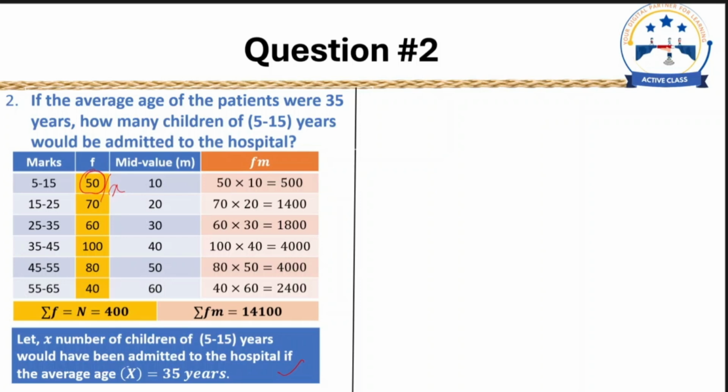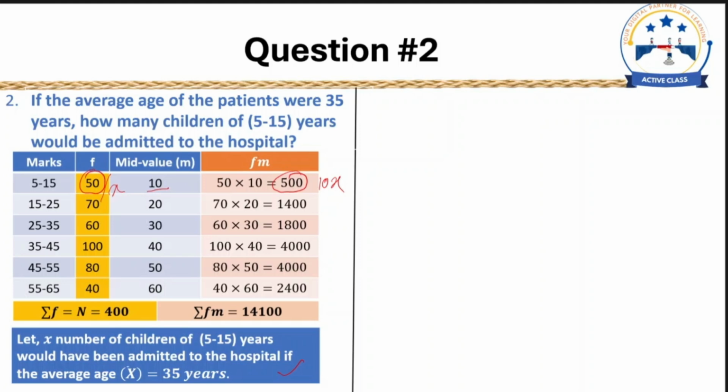If that is the case, one thing you should be knowing is that this 500 will not be 500. It will be changed, because this is the multiplication of this 10 and 50. So if 50 is replaced with x, then this 500 should be replaced with x times 10, which is 10x.